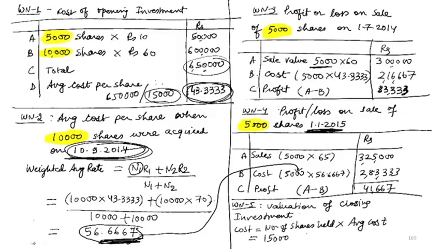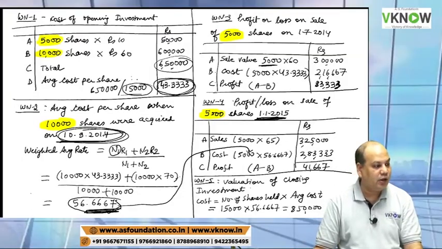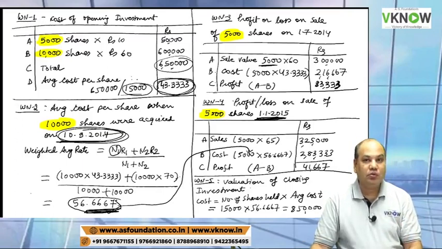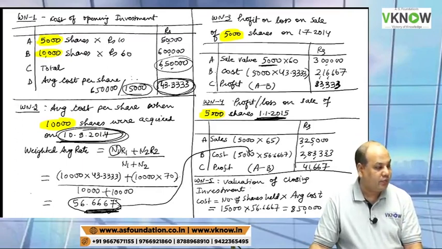So 15,000 into average cost 56.6667. Let me also try 15,000 into 56.6667. 8,50,000. Are you getting 8,50,000?